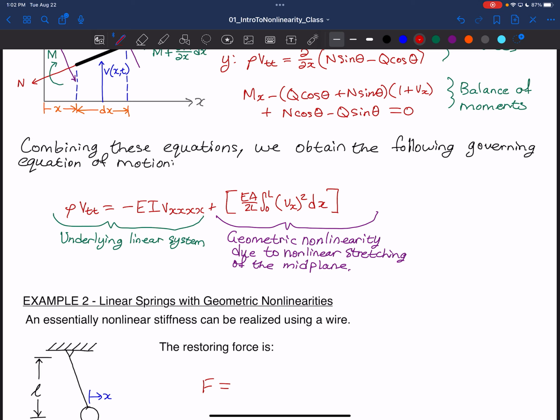That is multiplied then by v_xx. So we have nonlinearity here, both in the sense that this v_x term is squared, but it's also multiplied by v_xx as well.